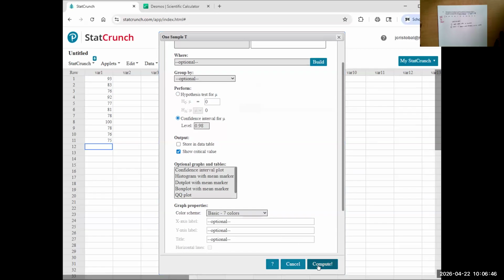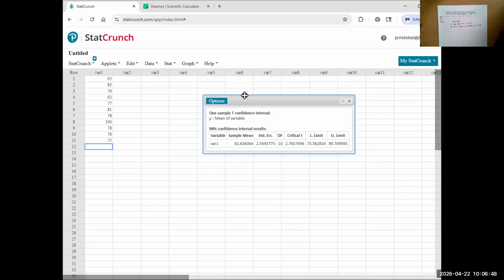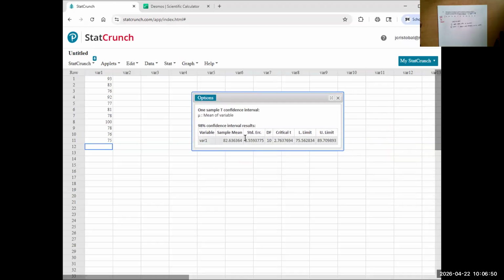I'll compute. And now, just like when we had that sample data, notice it's giving you this long value, but we have all that information, the degrees of freedom, 10. If our value for n is 11 data values, our degrees of freedom, n minus 1, 11 minus 1, our degrees of freedom, 10.